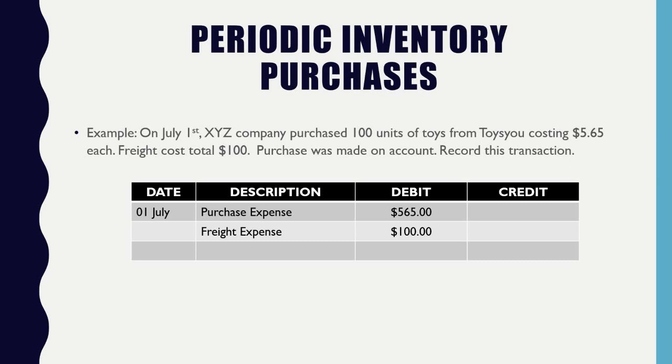But at the end of the day, we're going to include it as the overall cost per item later on. But in this case, I'm recognizing $565 plus $100 freight. So therefore, I'm going to owe the company Toys U in grand total $665.